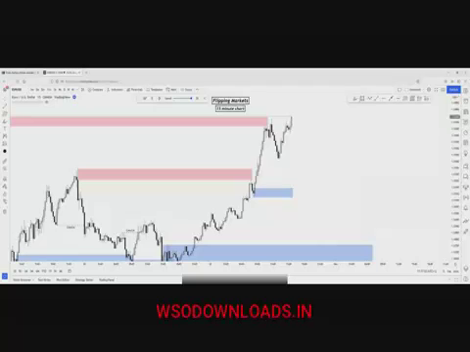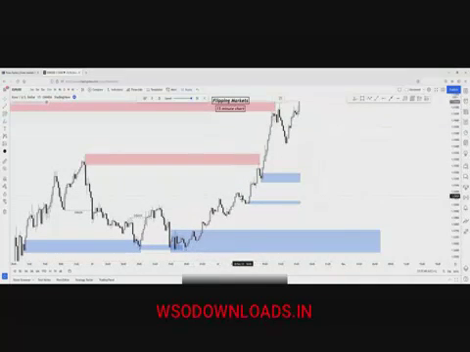And below this demand zone, we can find several demand zones. For example, this one, but this isn't as valuable as this one because this is the flip zone. This is the major demand zone. These demand zones just broke structure to the upside with inefficient push. Of course, they are valuable. They also swept some liquidity from this region. They are valuable, but not as valuable as this one.